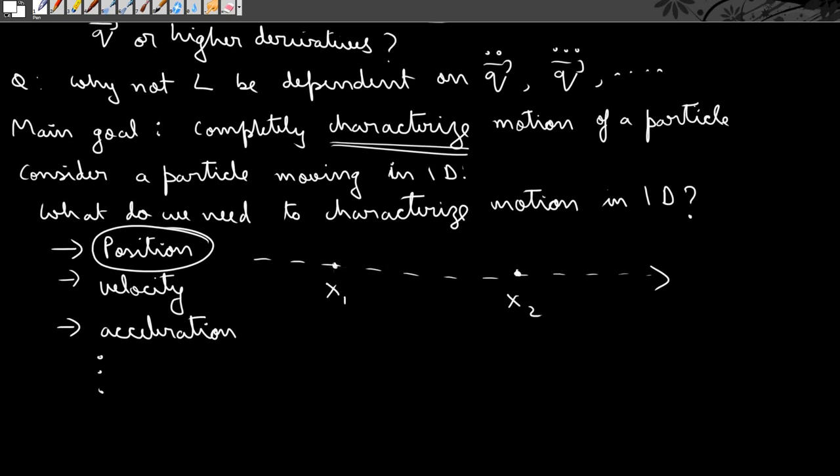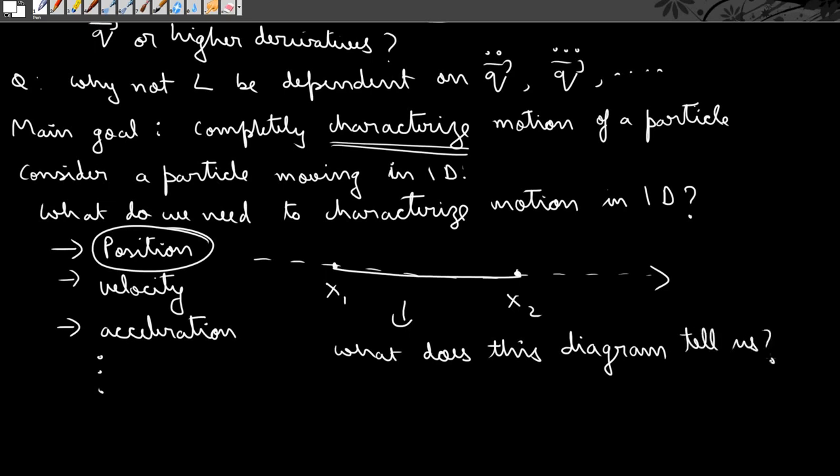Then the particle has traveled from x1 to x2 via some points which fall on this line. So what information does this diagram give us?